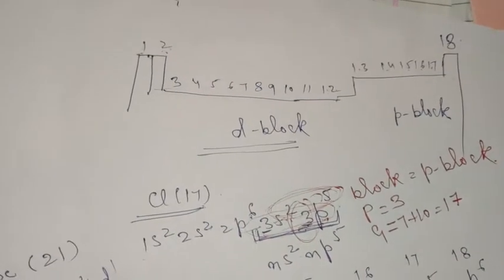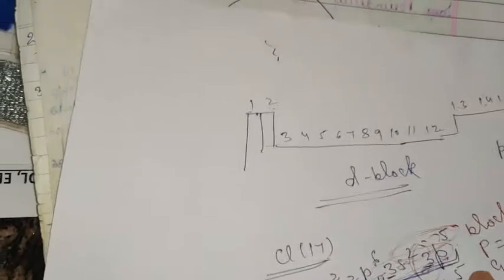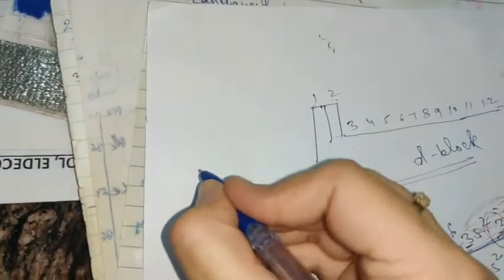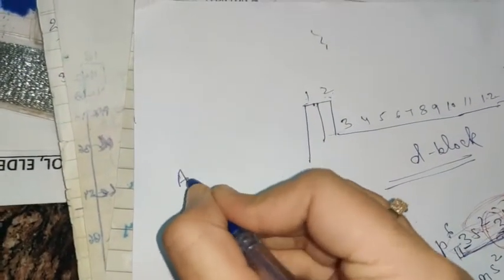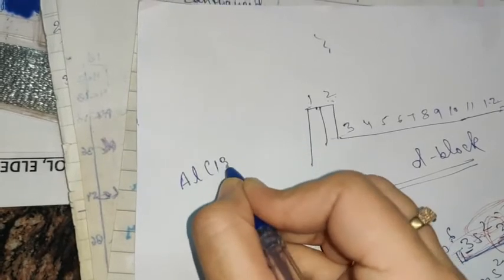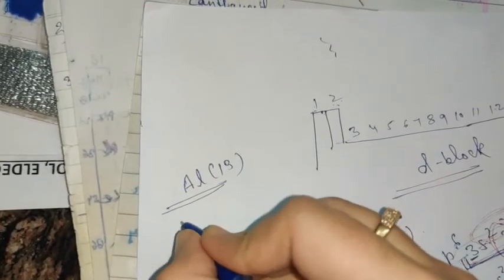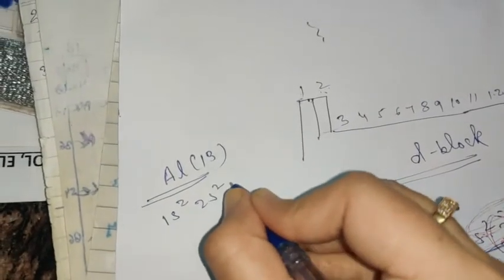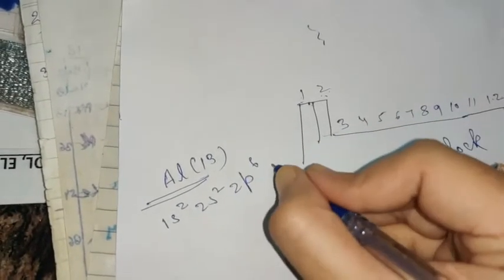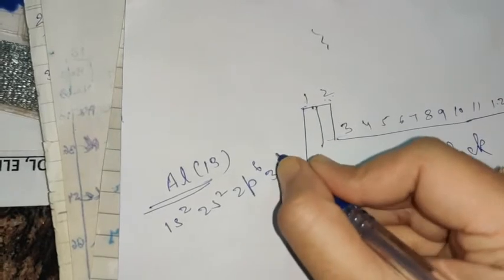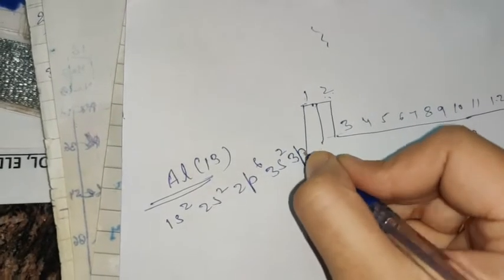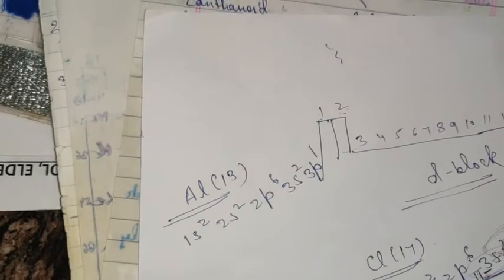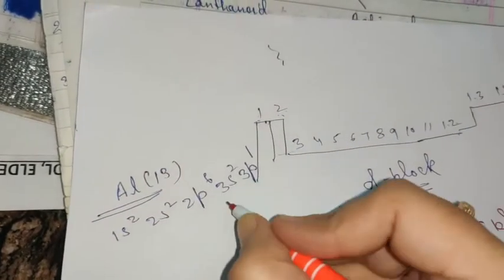Okay. Now again, to explain this, I am taking another example. Let me take an example of aluminium, atomic number 13, right? When you write the electronic configuration, it will be 1s2, 2s2, 2p6, 3s2 and 3p1. Okay, now please answer with me, children.